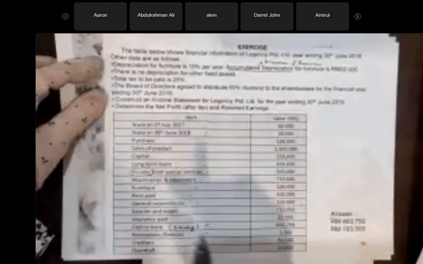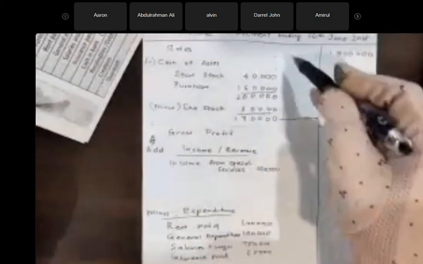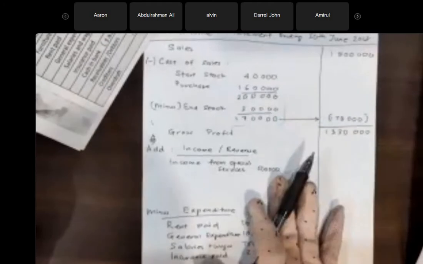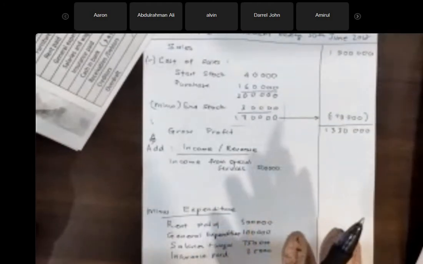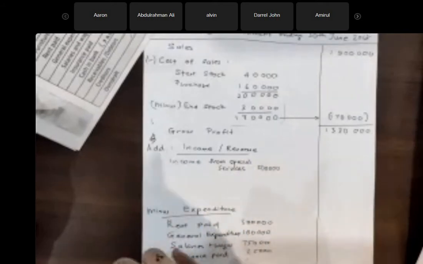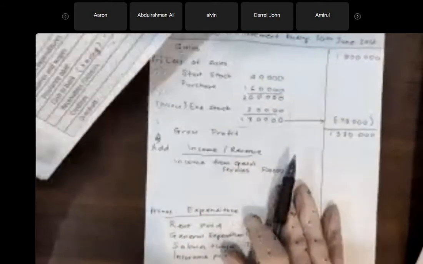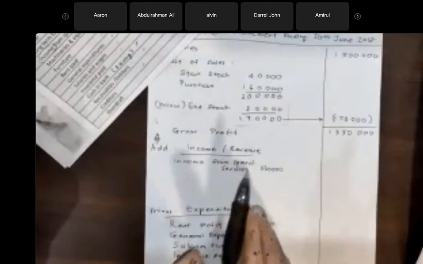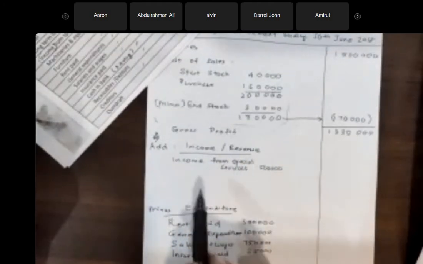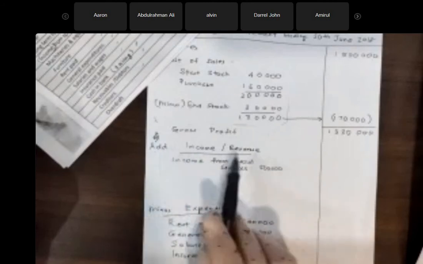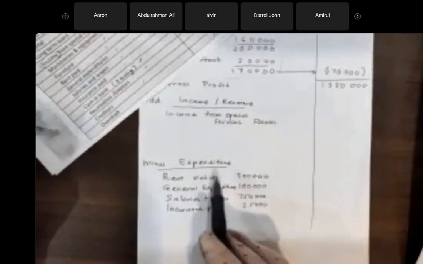Okay, now after you have done your income statement, it is still not complete because you have to consider the depreciation. Depreciation will appear twice. First in the income, expenditure.